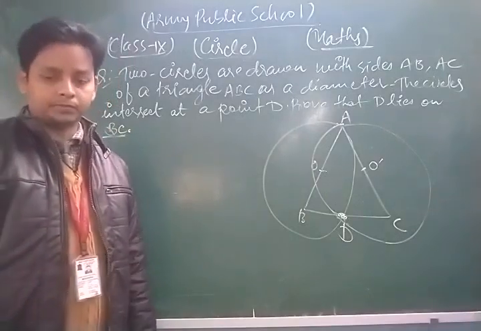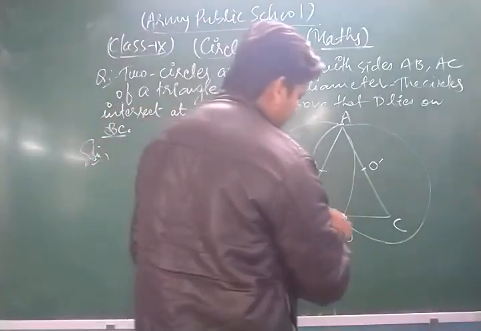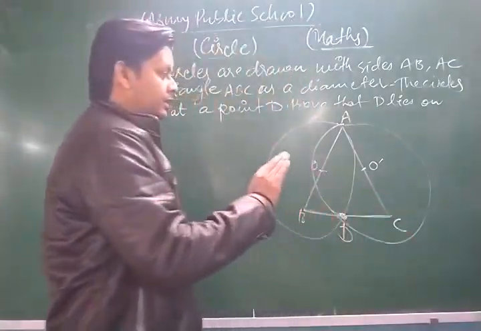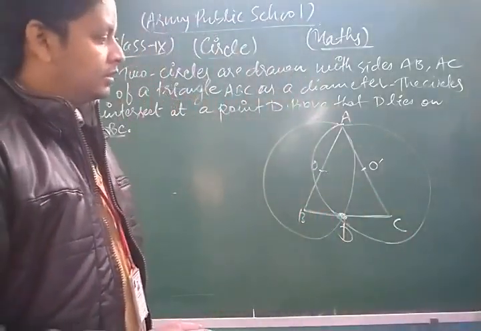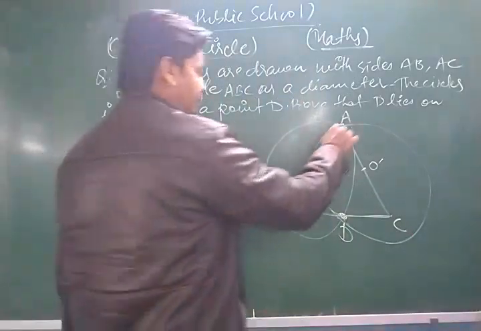If we have to show that BDC is a straight line, then it is clear. Now we have to do some construction. We just join AD.